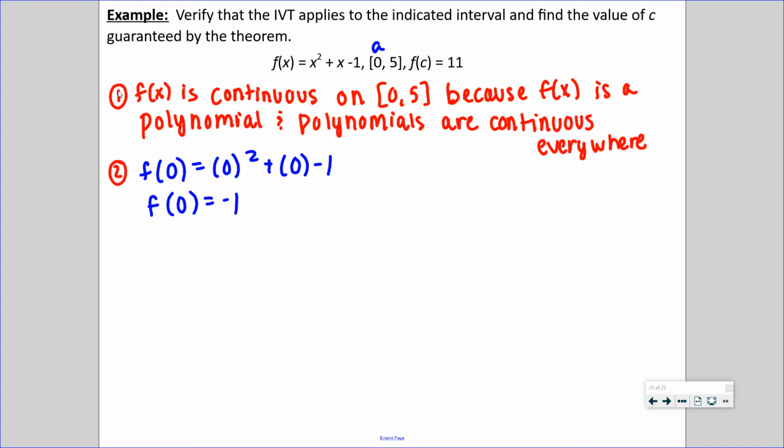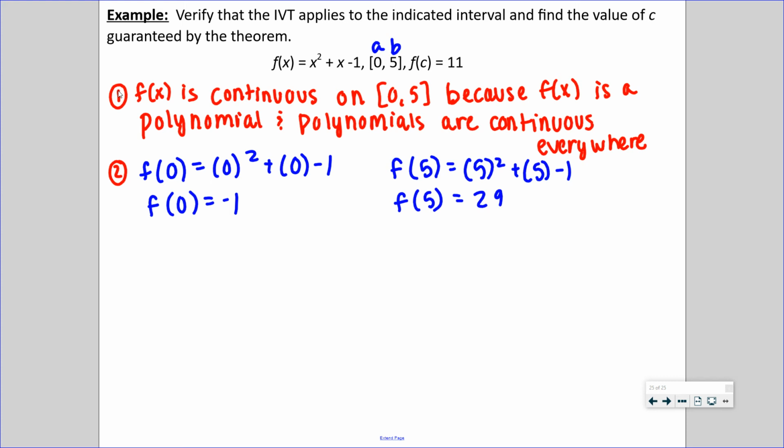Then I find the output of my other endpoint, f of b, which is f of 5. 25 plus 5 is 30, minus 1, we get 29. f of 5 is 29.